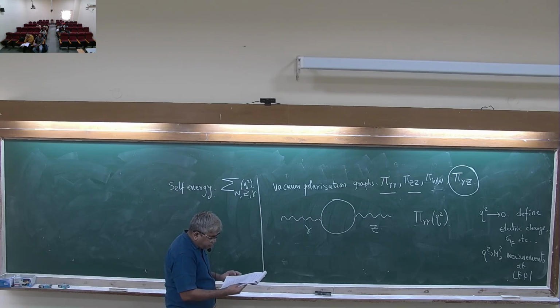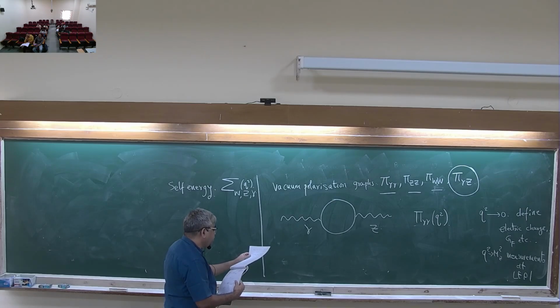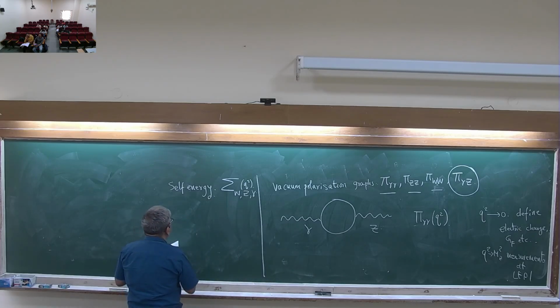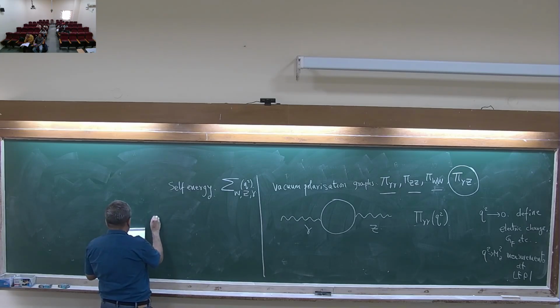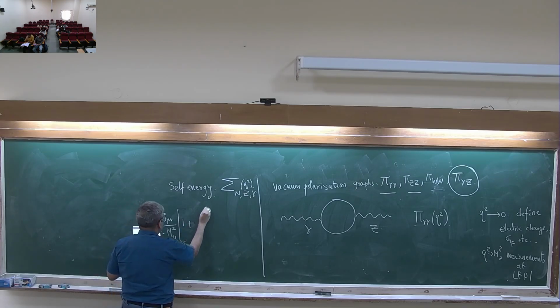So in this case, what happens is you start with this geometric series which we always know. We have g_mu nu by q square. You can go through the notes for more details, but I am not going to do the full notes.